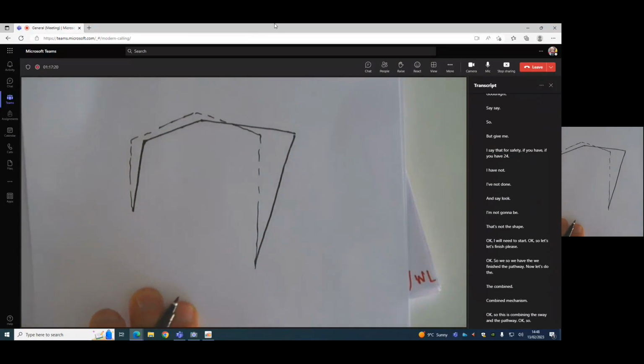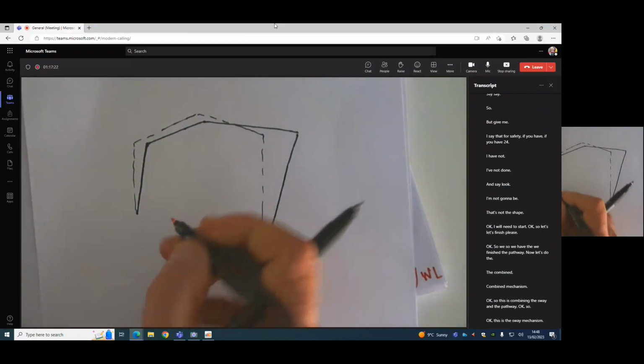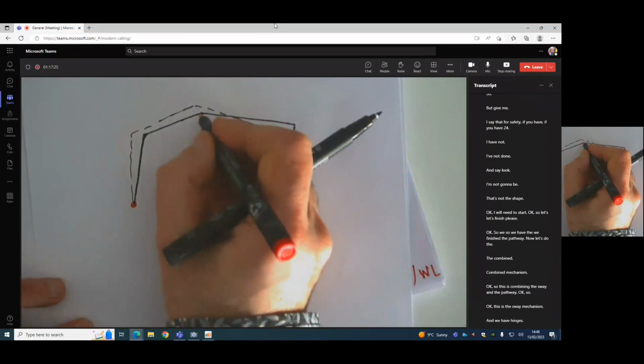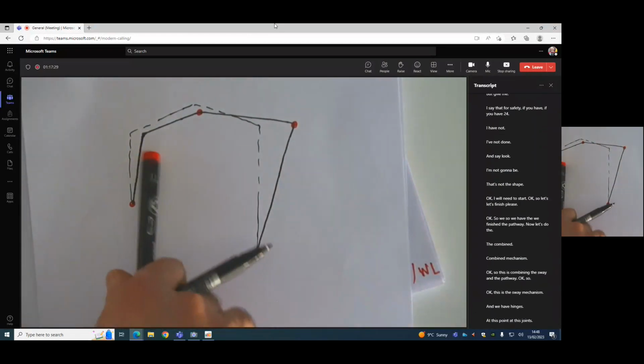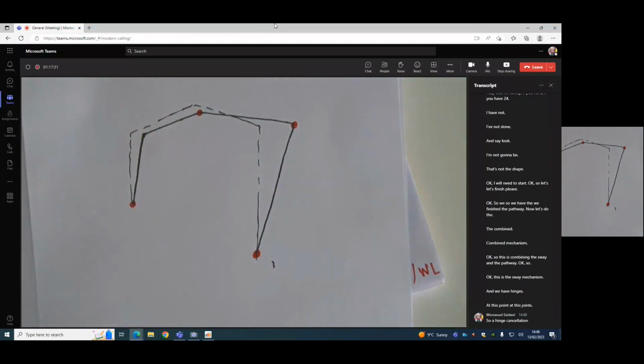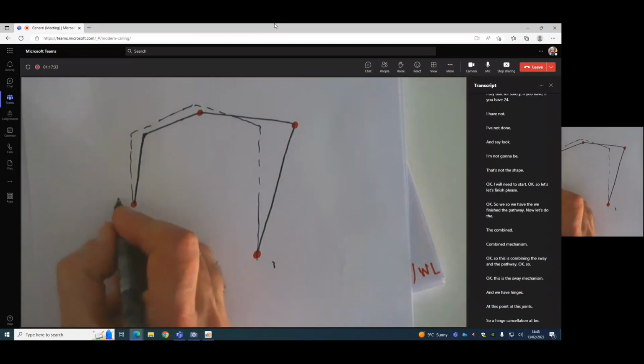Okay, this is the sway mechanism, and we have hinges at these points, at these joints. So hinge cancellation at B as before.